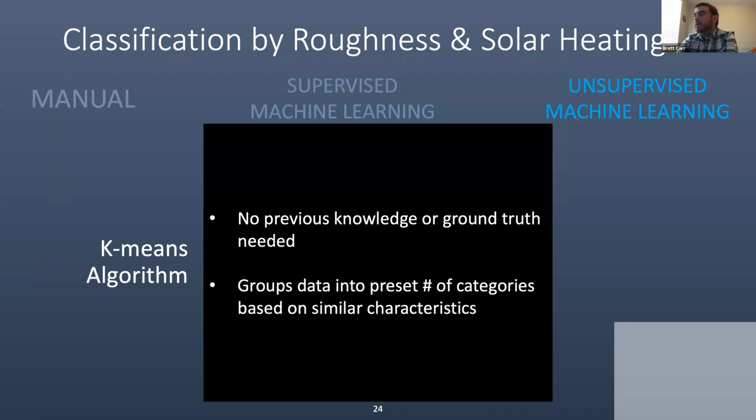And then we also applied an unsupervised machine learning k-means algorithm. Unsupervised means there's no previous knowledge or ground truth information needed. There's no training data. The only thing we defined in this case was the number of categories to use in the classification, so that we could match the categories that we chose in the manual and supervised techniques.